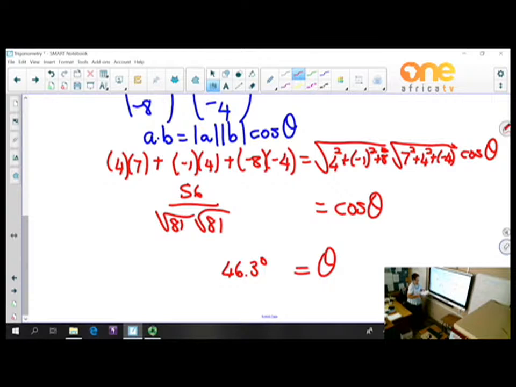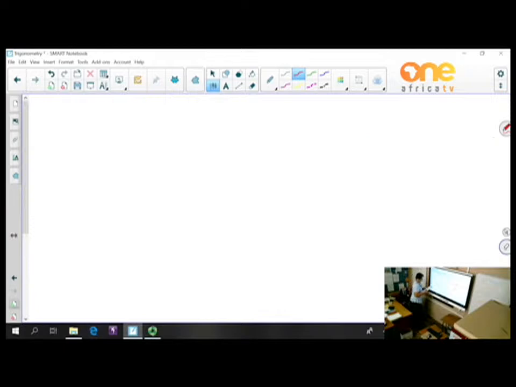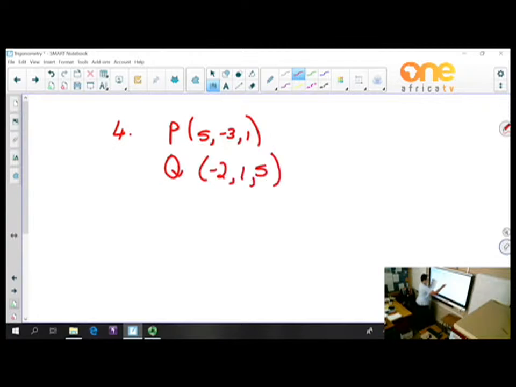There's a few things coming up, but this is what we really want to do. Right, and the last one that we're going to do there is number 4. It says in triangle PQR, P has the coordinates 5, negative 3, 1, so it's 3 dimensions. Q is negative 2, 1, 5.